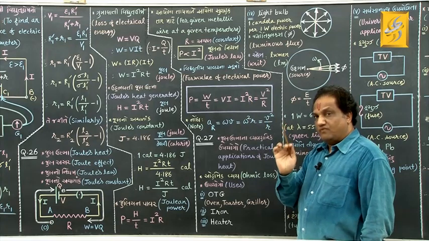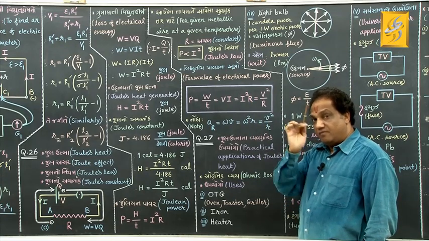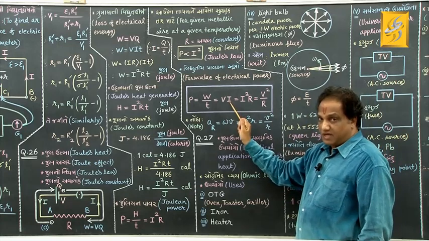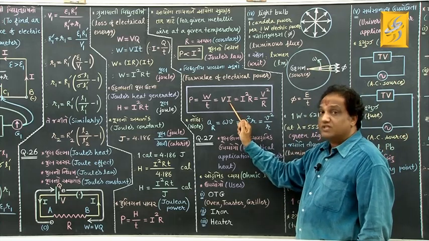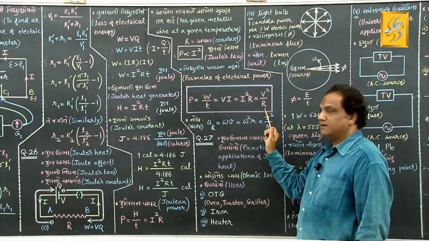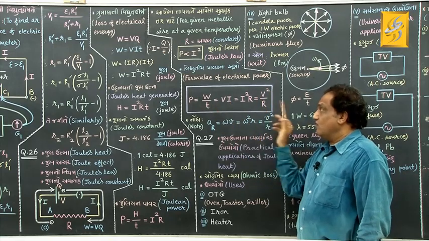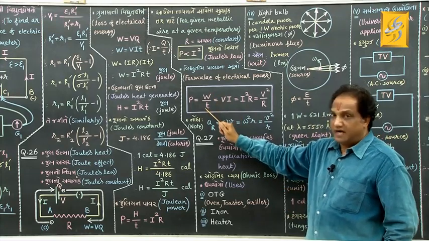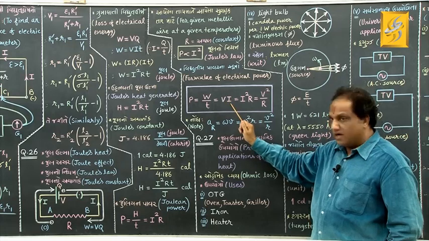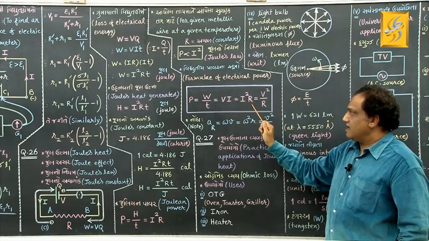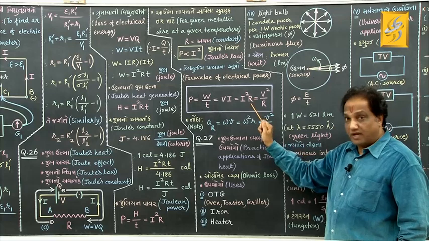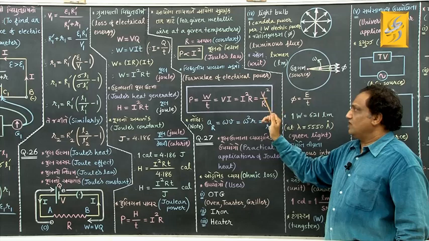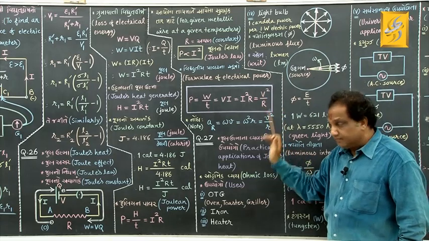And don't you know Ohm's law, V equals IR, find out I, it will be V upon R. Put it here, then V into V upon R, what is it? V square upon R, correct. So, there are 4 formulas for electrical power. First is W upon T, second is V into I, that is voltage into current, third is I square R, that is current square into ohmic resistance, and fourth formula is V square upon R, square of voltage divided by ohmic resistance.